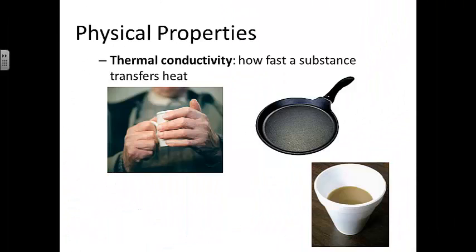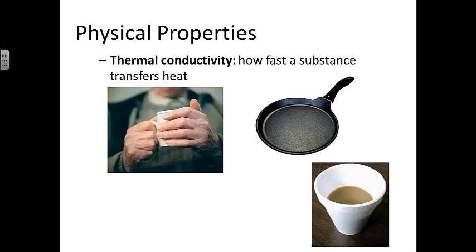Another physical property is thermal conductivity. Some substances conduct heat very easily, such as that pan. The main body of the pan is made out of metal because metal is a very good conductor of heat. The handle is made out of plastic around a metal shaft that connects the handle to the pan. This keeps the heat from the pan from being conducted into your hand when you need to pick the pan up.